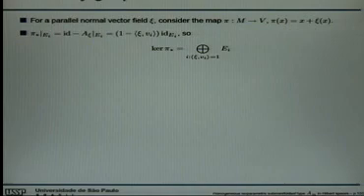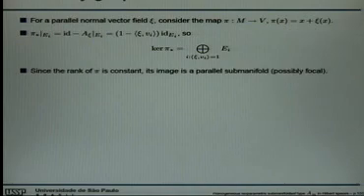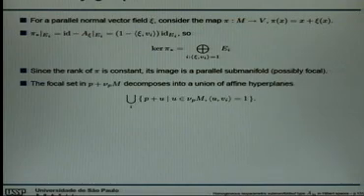Of course this depends on c. But anyway, since the rank of pi is constant, its image is a parallel submanifold, possibly focal if this kernel is different from 0. And the focal set decomposes. These are just hyperplanes, so we get a union of affine hyperplanes in the affine normal space.